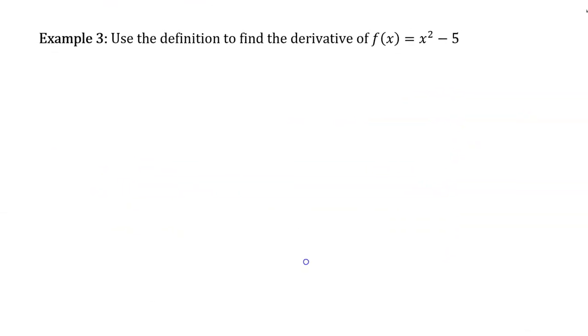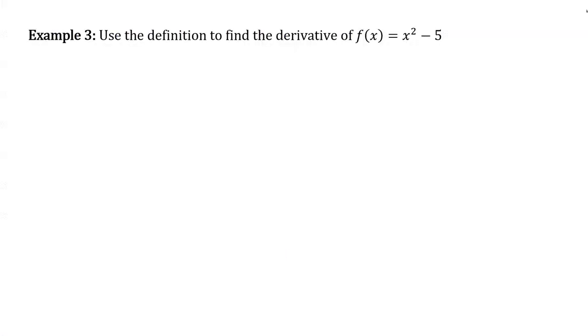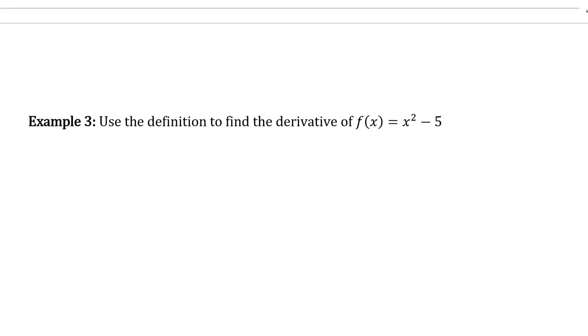So we want to use the definition to find the derivative of x squared minus 5. So the definition is the limit as h approaches 0 of f of x plus h, or a plus h, either way, x plus h minus f of x all over h.